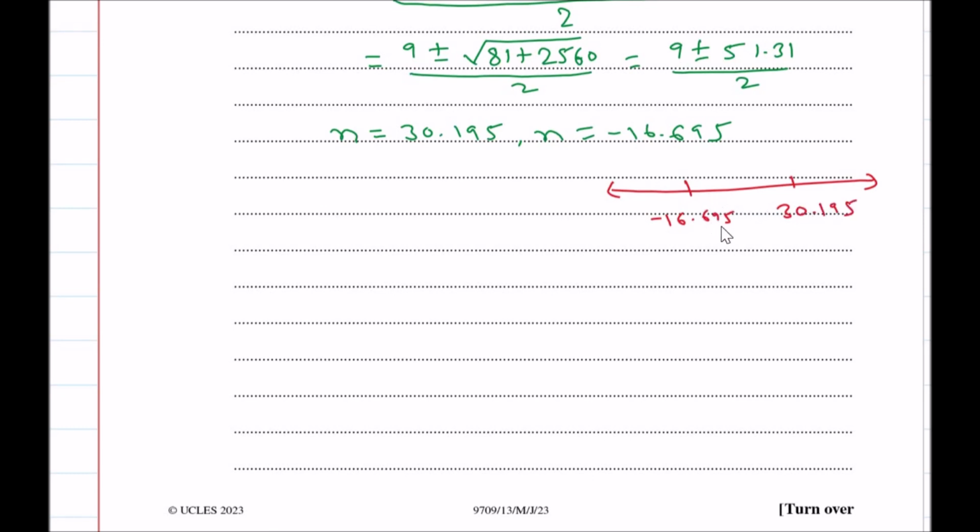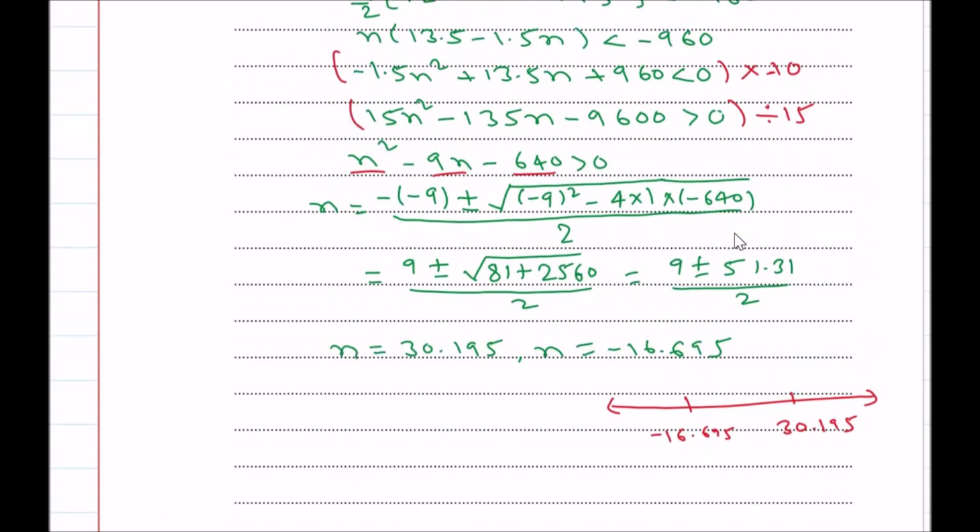Between minus 16 and plus 30, 0 comes. Now if you are substituting 0 in this inequality, this becomes 0, this becomes 0, minus 640 greater than 0, that means it is false. That means this part is true, this part is true. This is how we find the solution.